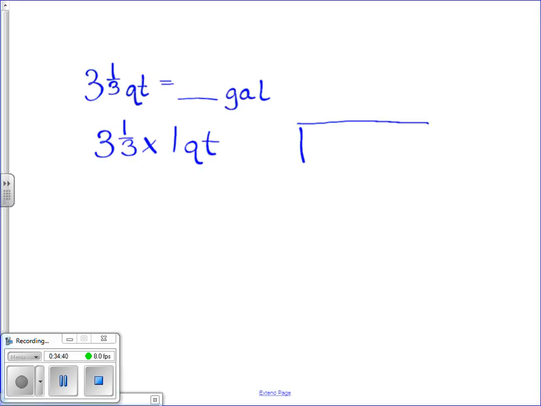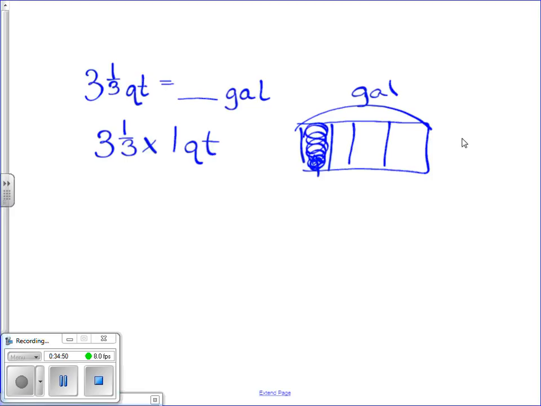Looking right here, it takes 1, 2, 3, 4 quarts, but I've only got 1 quart, and I'm trying to go to a gallon. 1 quart is only 1/4 of a gallon.